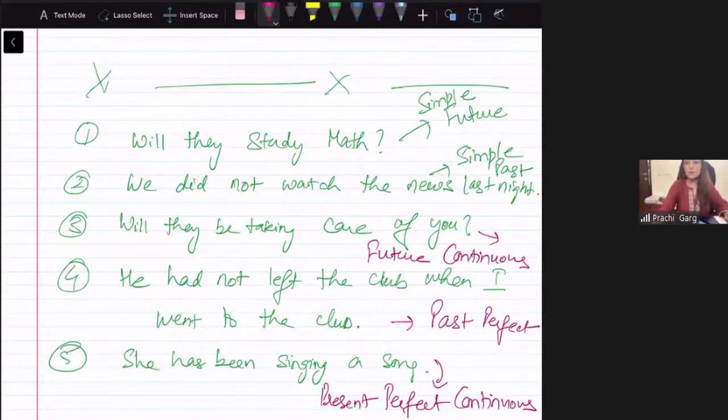And if tenses are clear to you, please do mention that as well. Awesome, very good. You got all right.